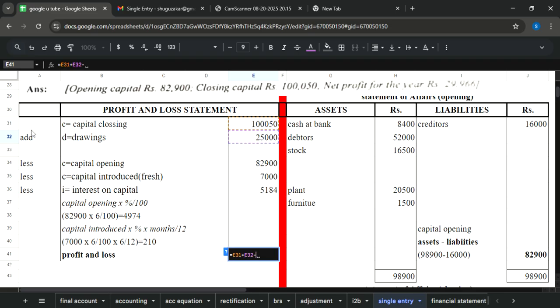Then you will subtract 82,900. Again you will subtract 7,000. Again you will subtract 5184. So we have got a plus sign. It means it's profit, 29,966. And look at here your net profit 29,966. So guys, in this way all answers are matched. Our question has been ended.